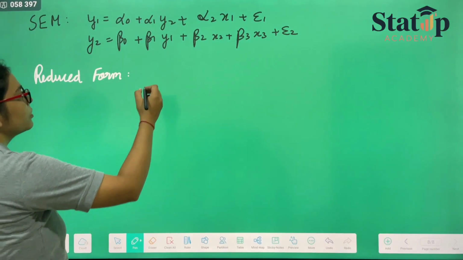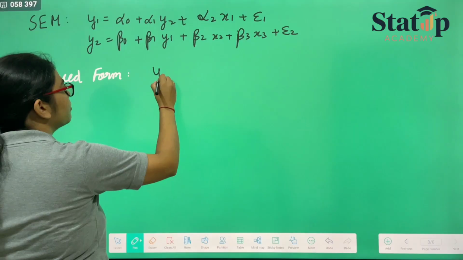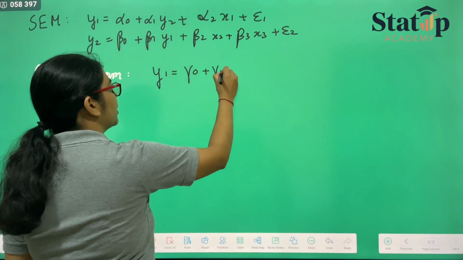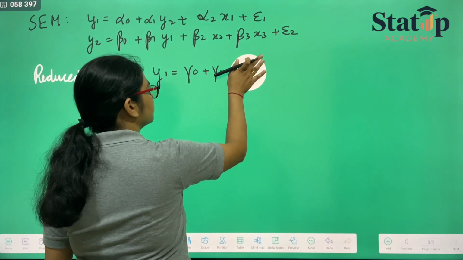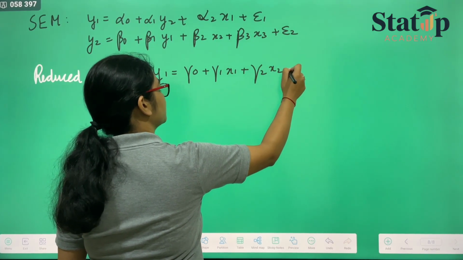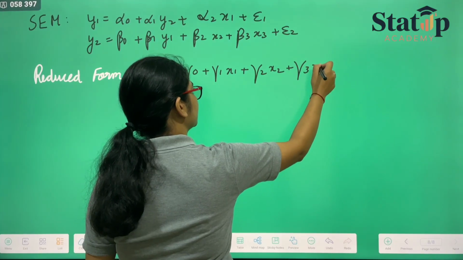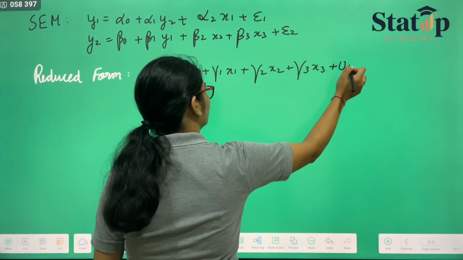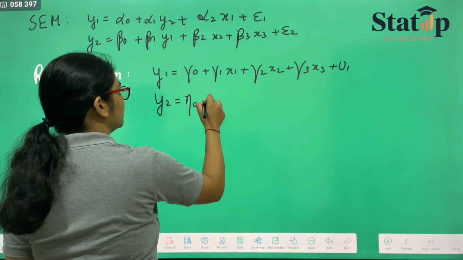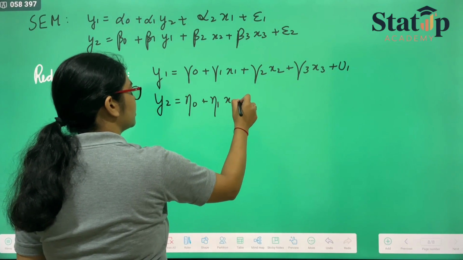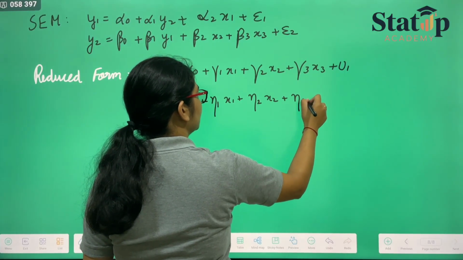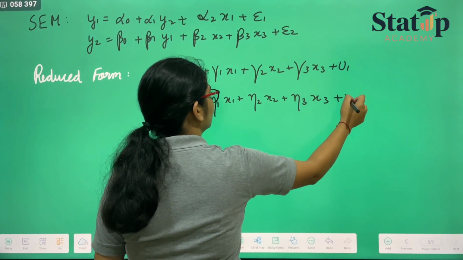So, reduced form is converted as y1 is equals to gamma naught plus gamma 1 x1 plus gamma 2 x2 plus gamma 3 x3 plus u1, and y2 is equals to eta naught plus eta 1 x1 plus eta 2 x2 plus eta 3 x3 plus u2.